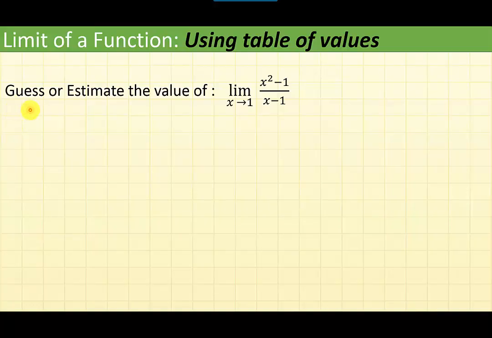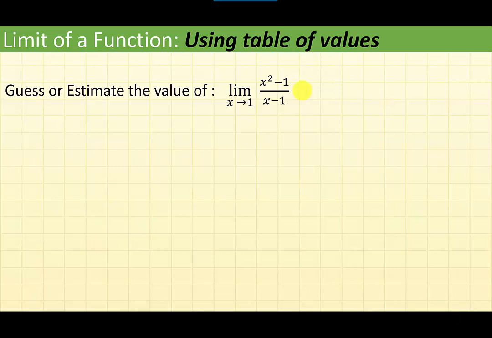Let us guess or estimate the value of the limit as x approaches 1 of (x squared minus 1) over (x minus 1) using a table of values.